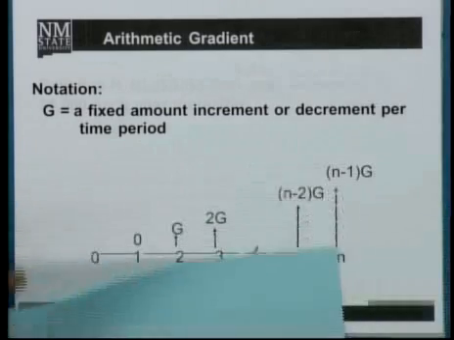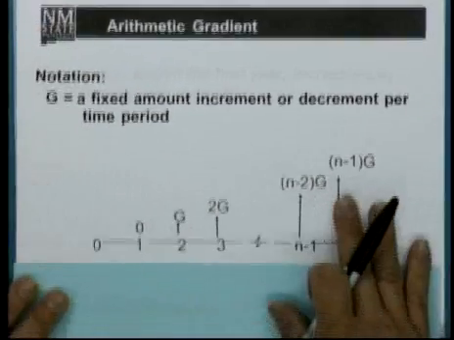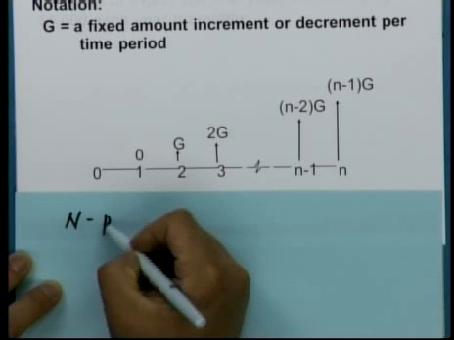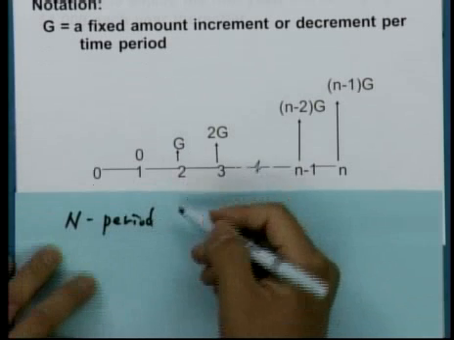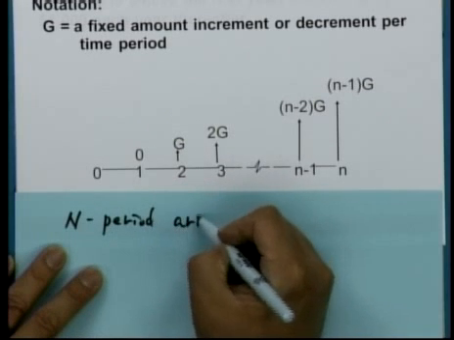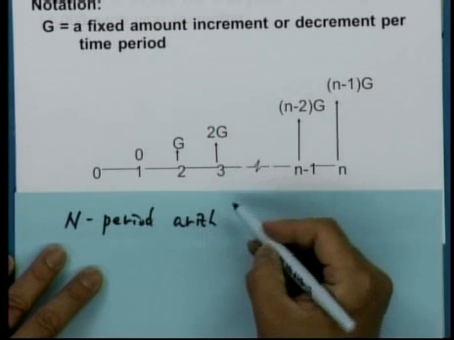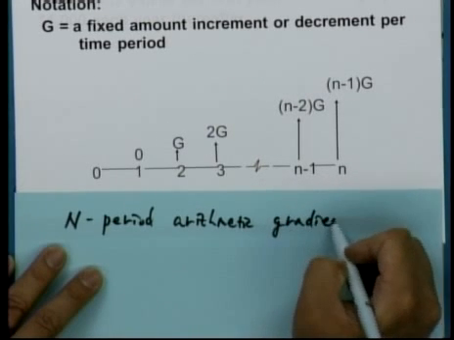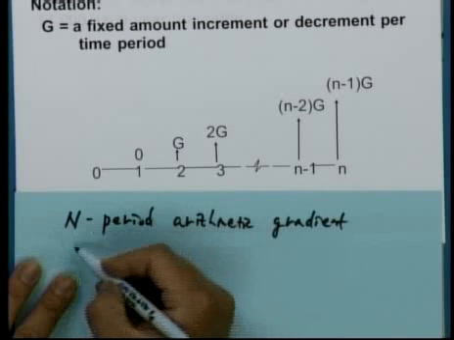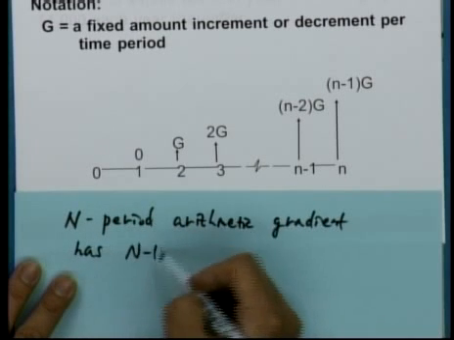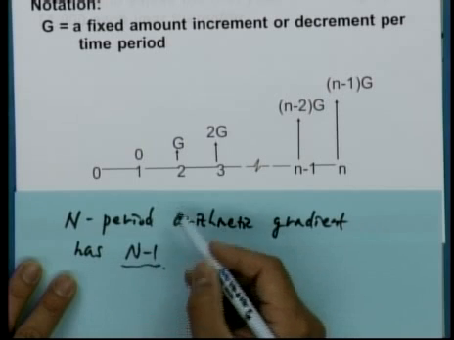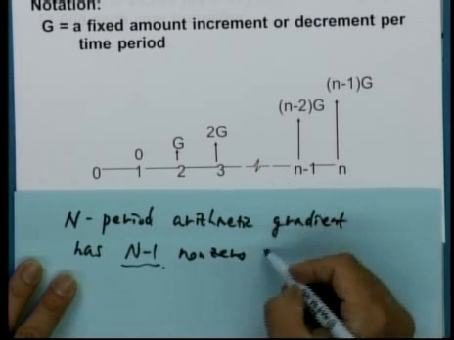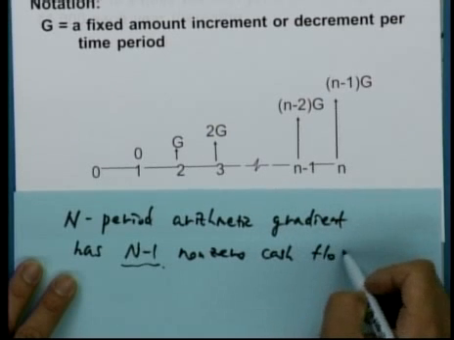So, in general, what I can say is an n period arithmetic gradient has n minus 1, not n, n minus 1 non-zero cash flows.